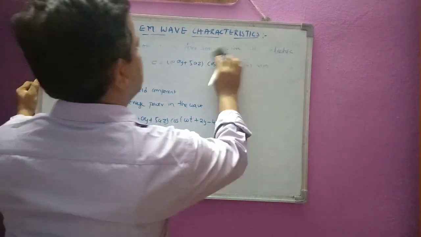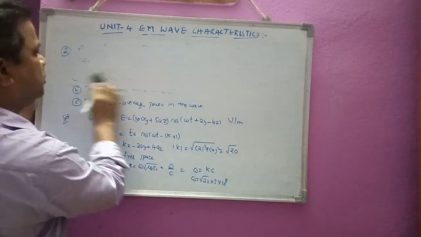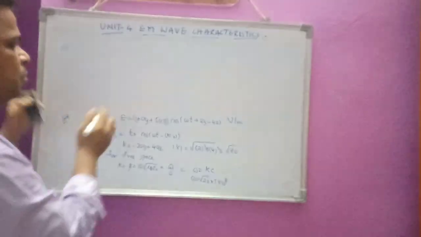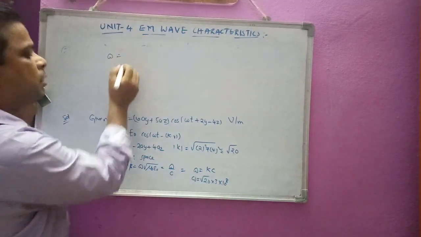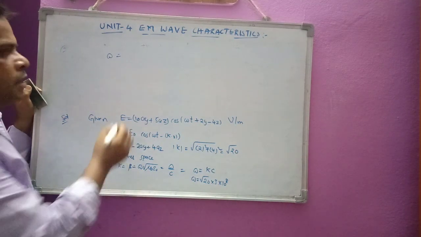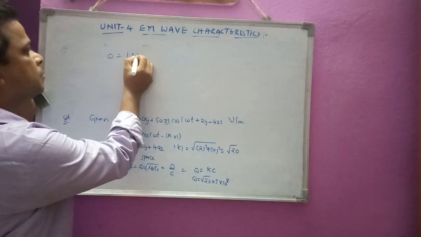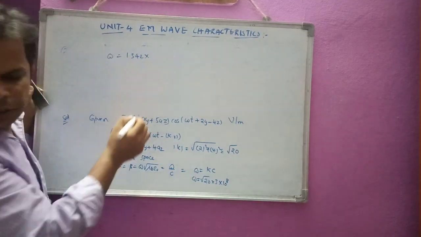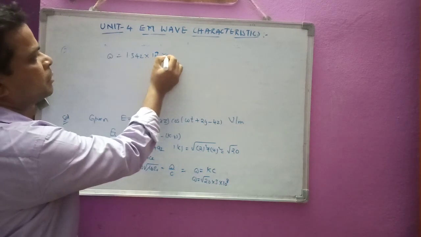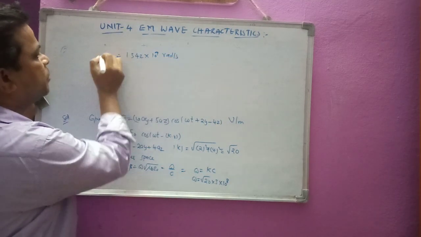You can use the calculator to get the value here. Omega will be root 20 into 3 into 10 to the power of 8, which is 1.342 into 10 to the power of 9 radians per second. This is the value of omega.